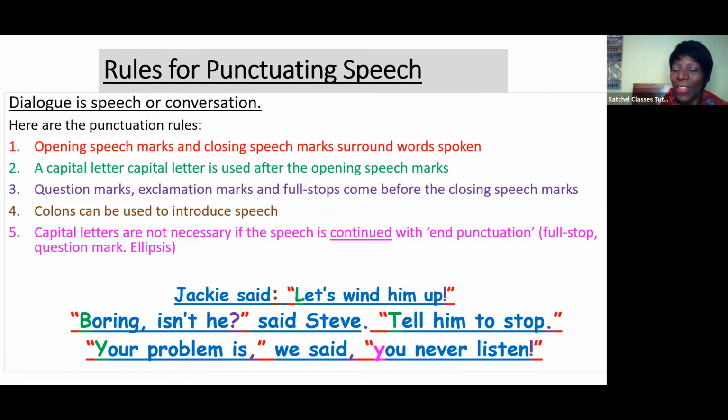So the continued speech without end punctuation has commas, not full stops, not exclamation marks, not question marks. They're not end punctuation, it's commas. With continued speech, we don't need a capital letter. "Your problem is," we said, so it's interrupted, and the speech continues, "you never listen." So we don't have a capital letter for that second "you" in the last example.